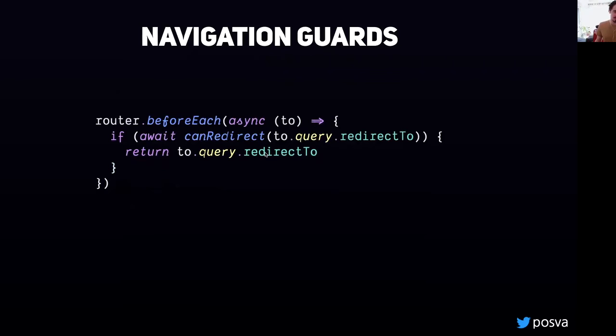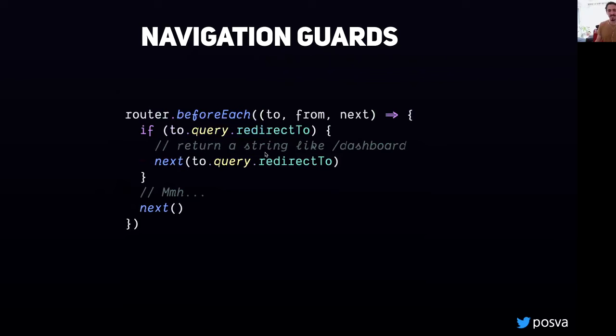Now, the problem this is fixing is very often, especially when you start using the router, people do not realize that they cannot call next multiple times, and they do not always read the docs. So if you call next multiple times, you're going to have some trouble. And in some situations, it might fail, or they don't call next at all, meaning that the navigation doesn't finish. They don't transition to the new page. So this is the main problem that we are trying to solve with the returning statement, which makes a little more sense for something that you only need to call once inside of a function.